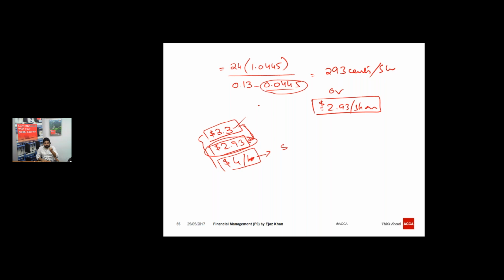This means that the Denoka company is a below average company in the market, because its price predicted by the price earning ratio is 4, whereas at the moment the shareholders are purchasing the company at $3.3. So it may not be performing as the average market is performing.